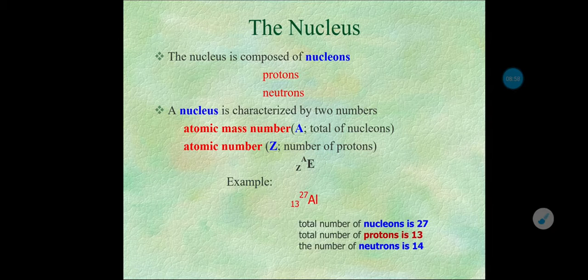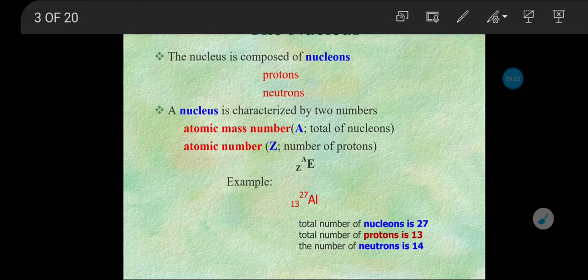For example, aluminum, as we see in the periodic table: 27 is the total number of nucleons, called the atomic mass, and here is the atomic number. The total number of protons is 13, so the atomic number is 13.